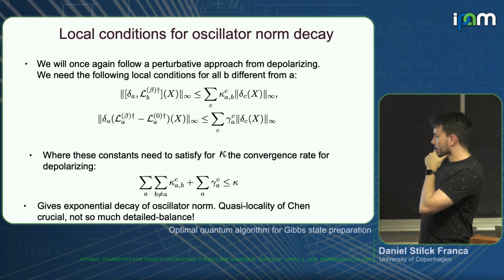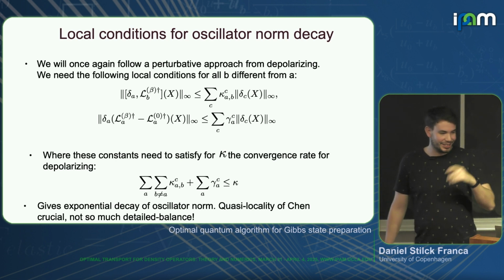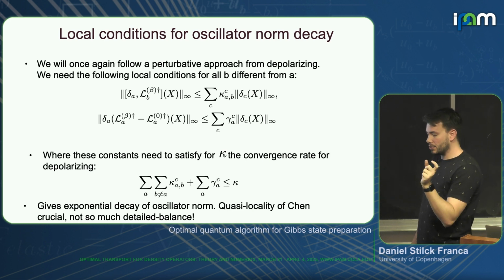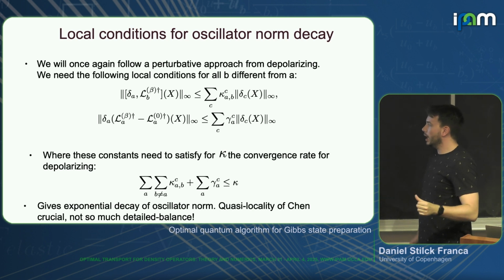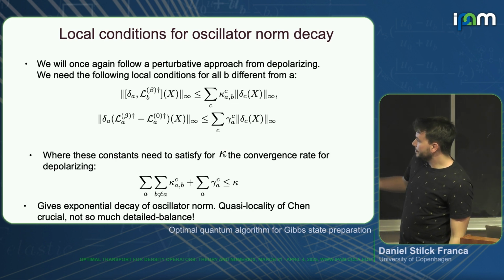Essentially, if you go through these differential equations you were referring to before, you can show that it suffices to have exponential convergence of the oscillator norm to have inequalities like this one.